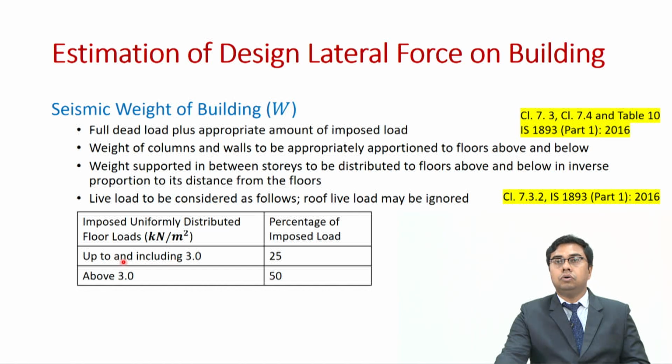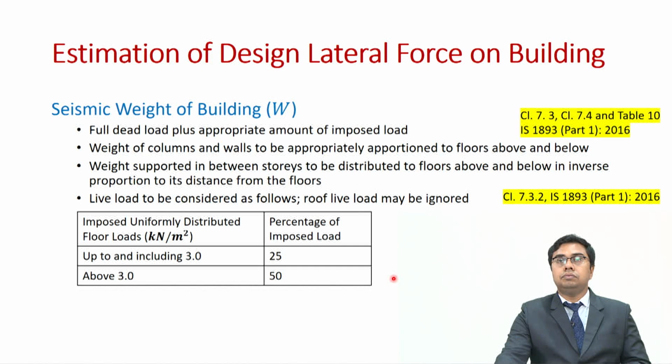If our imposed load is up to and including 3 kilonewton per square meter, then we need to consider 25% of the imposed load as part of our seismic weight of the building. If it is more than 3 kilonewton per square meter, then in that case we need to consider 50% of the imposed load of the building.